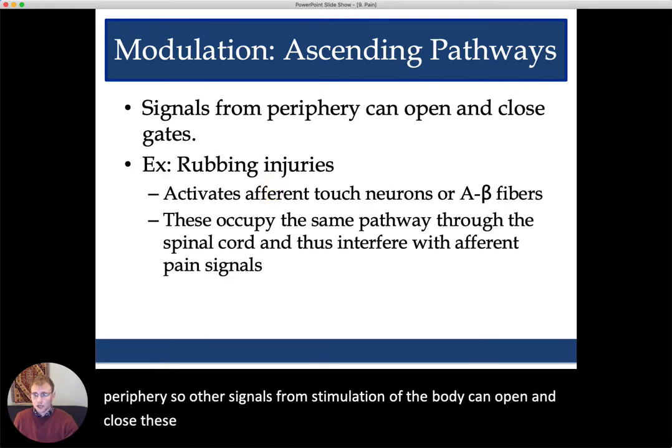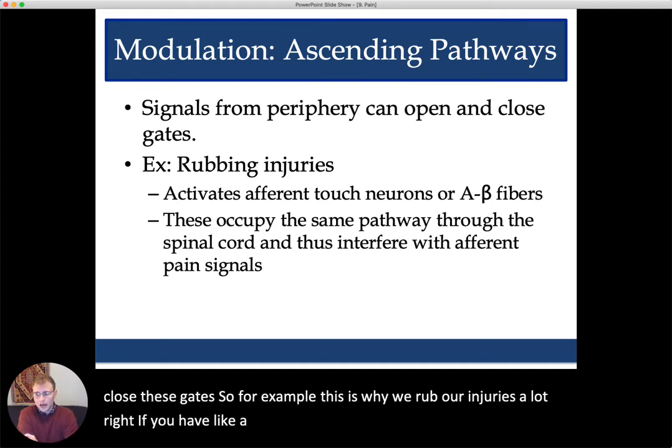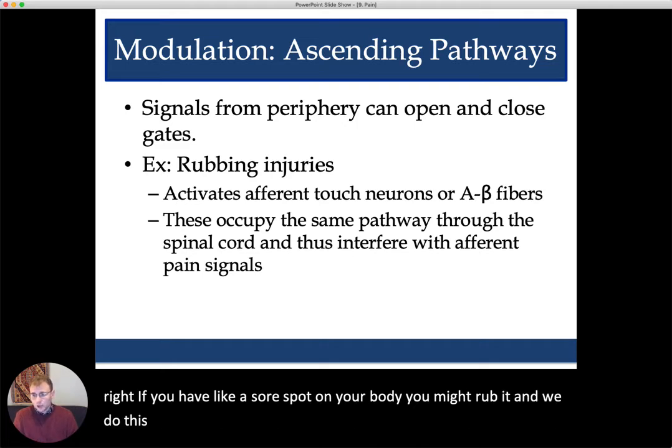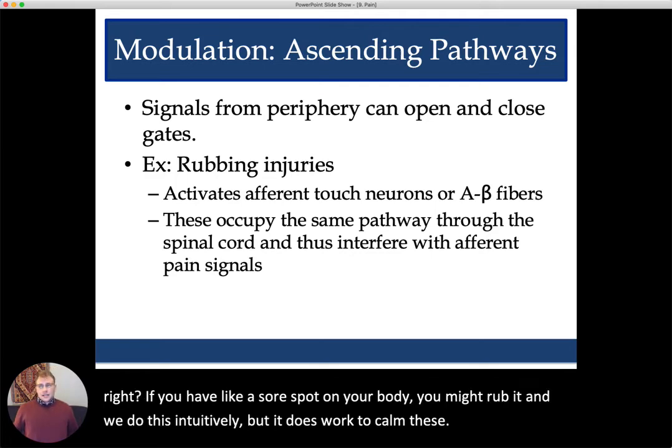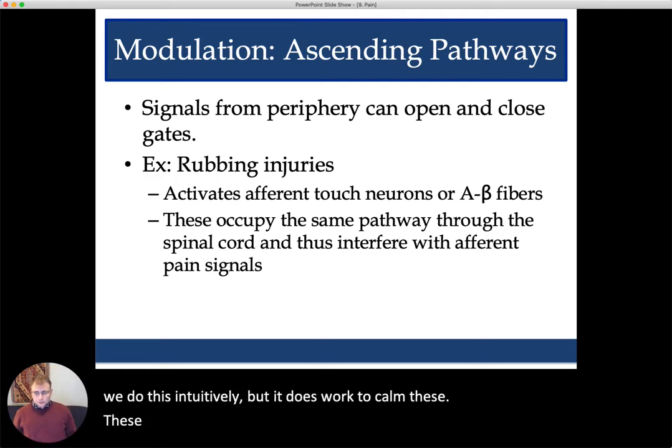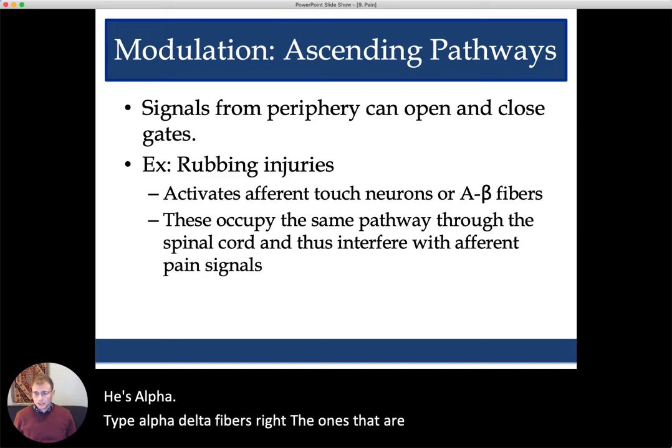For example, this is why we rub our injuries a lot. If you have a sore spot on your body, you might rub it. We do this intuitively, but it does work to calm the alpha delta fibers, the ones that are responsible for these sharp pain signals.